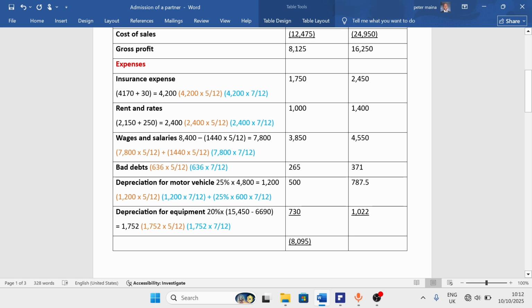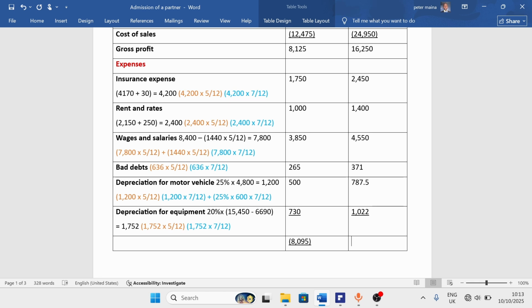We go to the second period, we add all the expenses from the insurance expense. So we start with 2450 plus 1400 plus 4550 plus 371 plus 787.5 plus 1022.